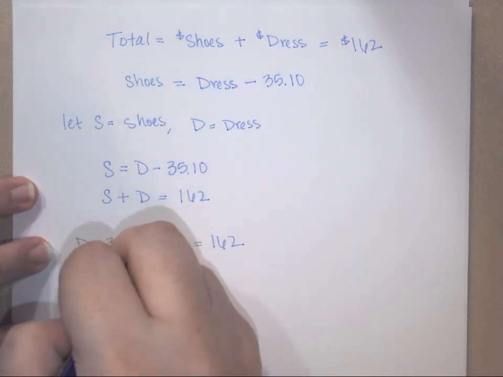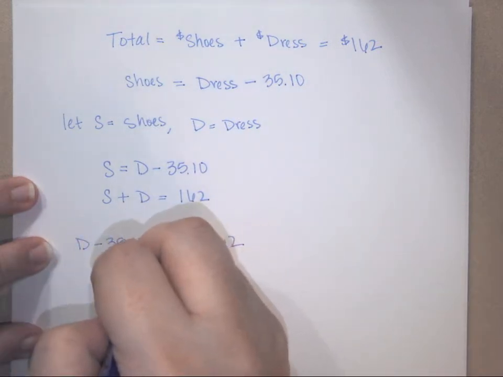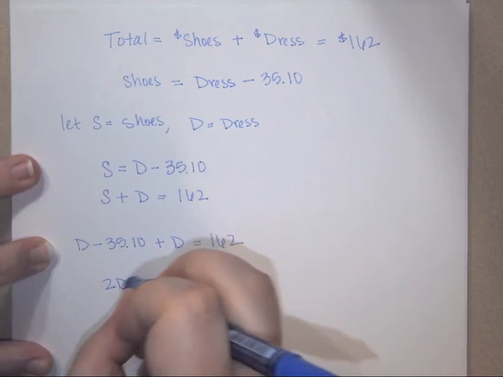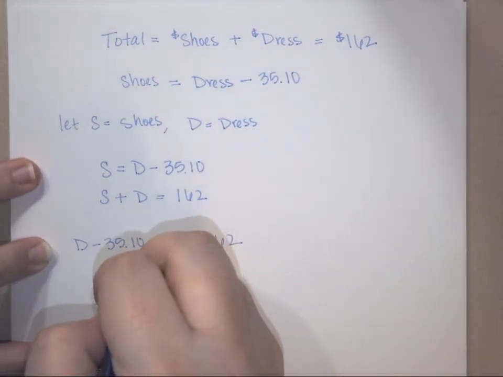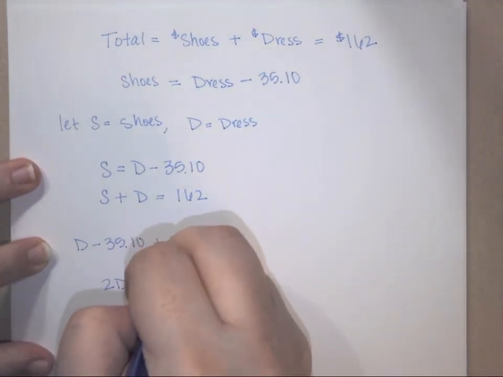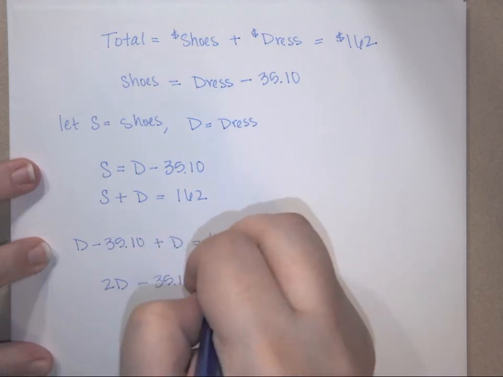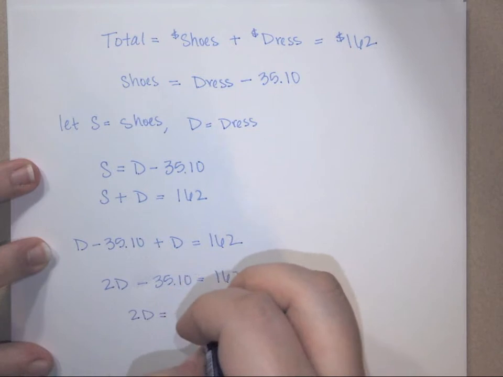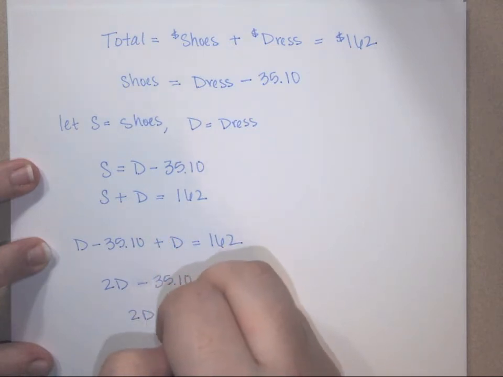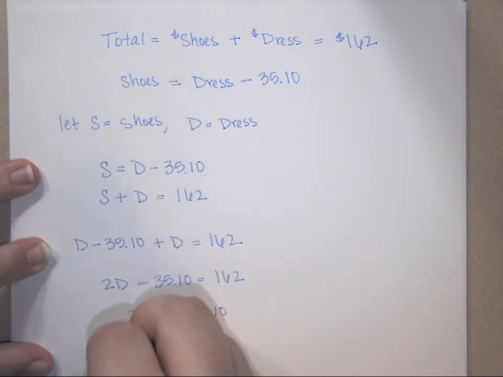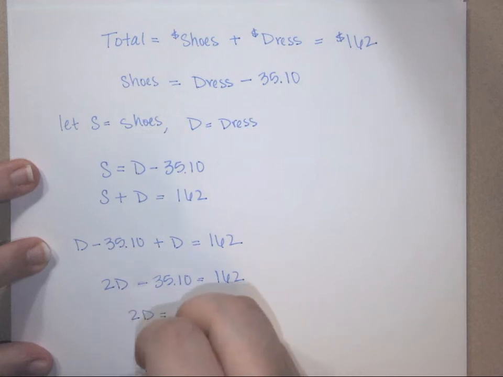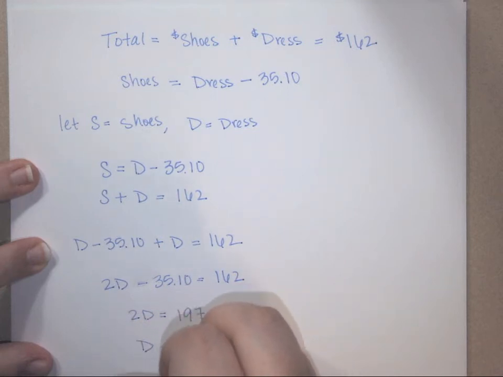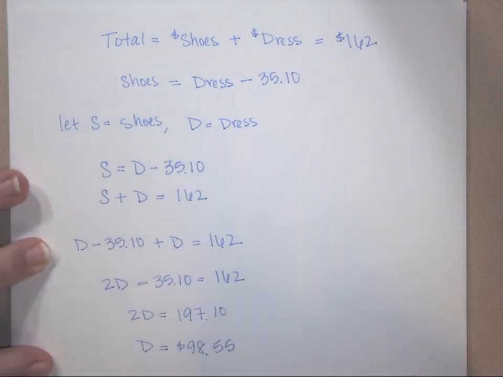So 2D minus my 35.10 is equal to 162. My 2D is equal to 197.10. So my dress cost is going to be $98.55.